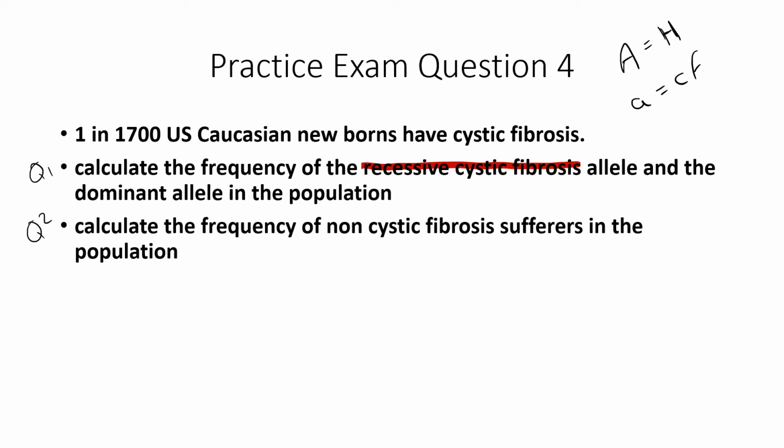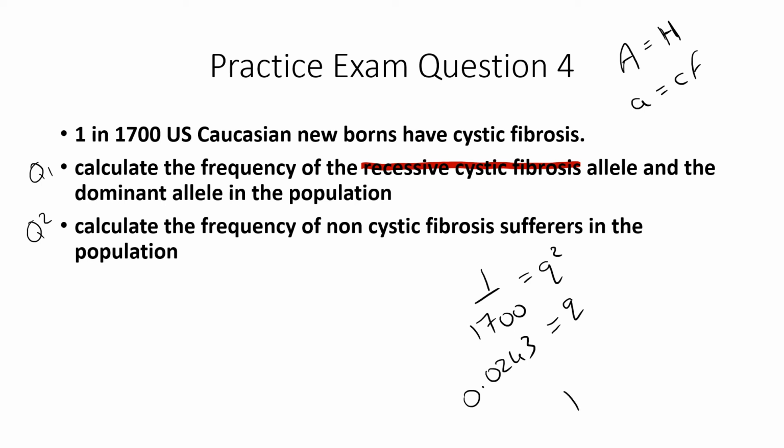So calculate the frequency of the recessive allele. Well, if 1 out of 1,700 people have it, that 1 over 1,700 is the phenotype homozygous recessive, which in Hardy Weinberg is Q squared. Again, we need to work it back, and we end up with 1 divided by 1,700 and then the square root of that number, and we get a value of Q of 0.0243.